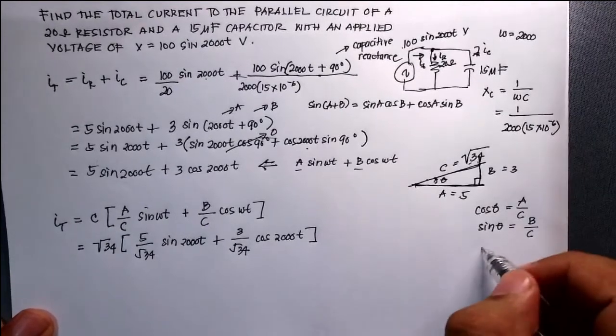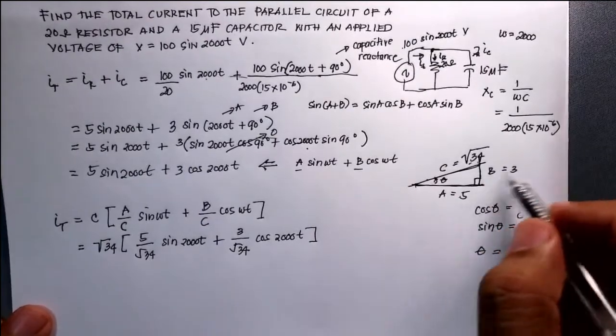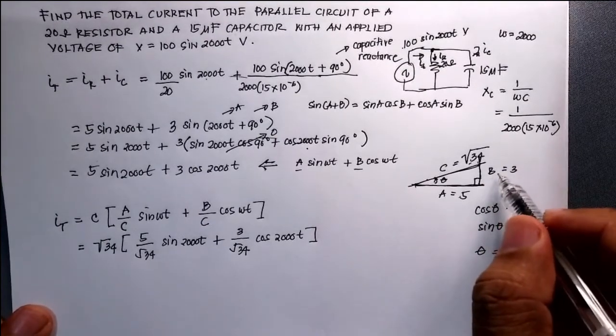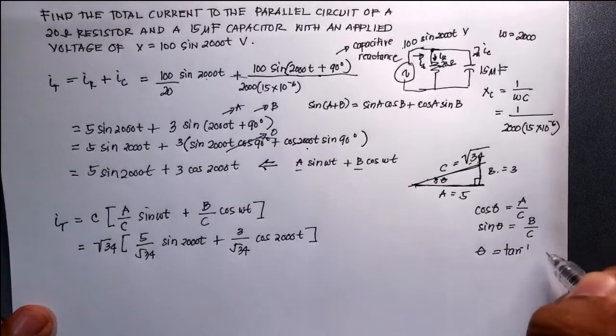So what is your theta? Our theta, taking the values of B and A, is the inverse tangent of 3 over 5.